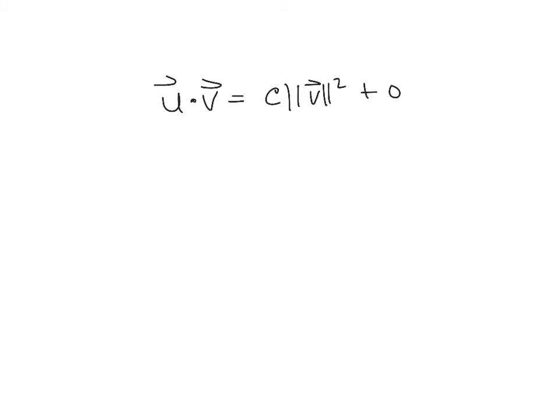So what that means, I can ignore the 0, and C equals U dot V divided by the magnitude of V squared. And now here's what we got for W1.